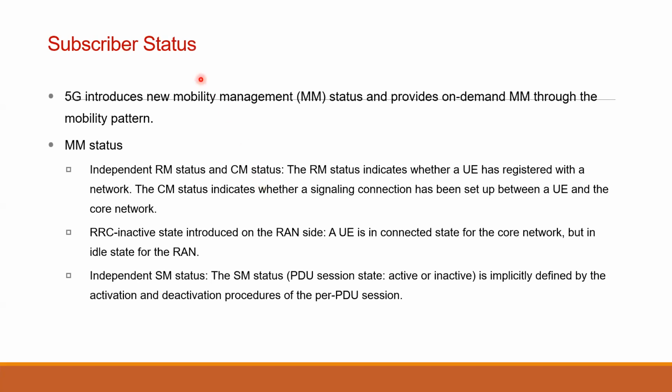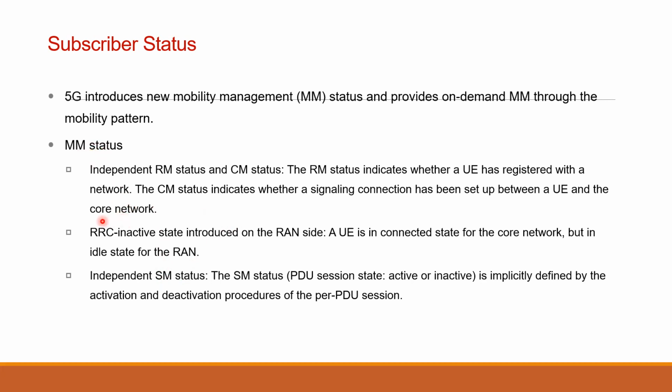So for the subscriber statuses, there are two types. One is your mobility management status, and the other is your connection management or your session management status. The statuses are similar to what you have in 4G.